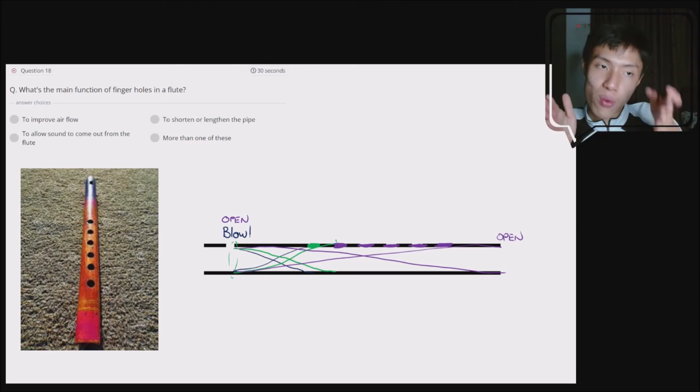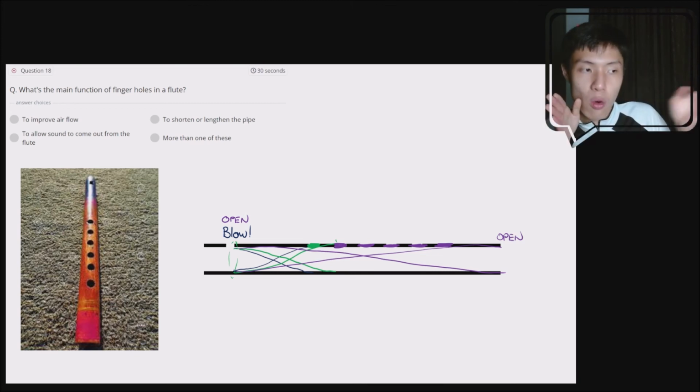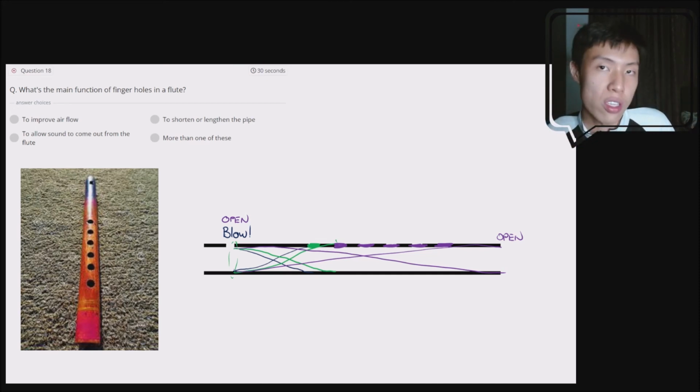So if you set where you want the pipe to open to be somewhere further away from the mouth blowing area, then it'll be a longer pipe. If you open up all the holes, then you are bringing the open region closer to where you blow. Then it becomes a shorter pipe. So when you press on the finger holes, you're actually shortening or lengthening the pipe.